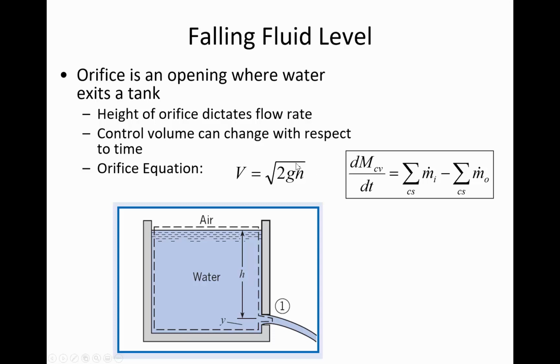And so with formulas like this and the Reynolds transport theorem, we can sometimes be asked questions like, how long will it take for the tank to drain to a certain level? And the time is going to be complicated by the fact that the velocity of the water that's flowing out is going to be gradually decreasing as h continues to fall.